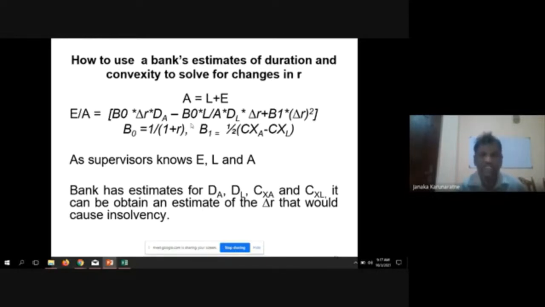Duration of assets 5 years, duration of liability 3 years, and leverage factor 0.6. What is the duration gap? That is the first thing.